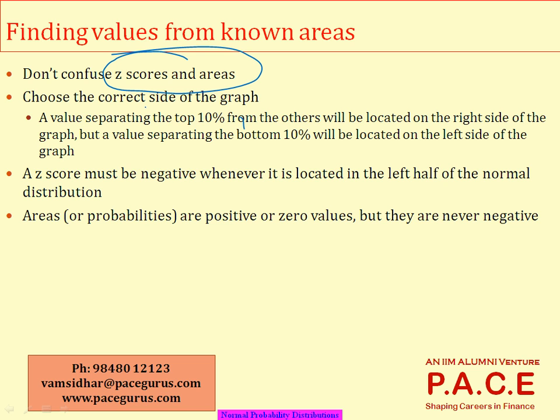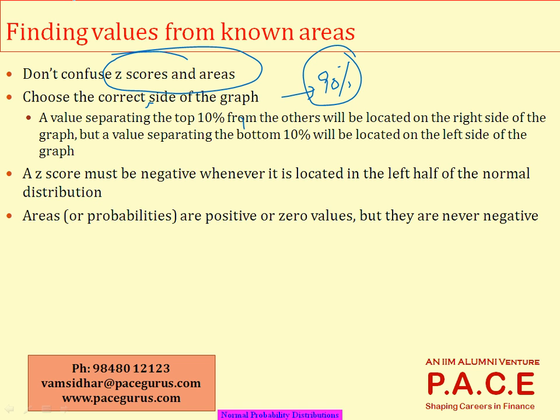So whenever we are deciding the critical values, we said a critical value will correspond to some particular area. So when I want 90% of the area, I have to be sure which 90% I require. Is it somewhere in the middle, which means eliminating 5% to the left and 5% to the right, or 90% from the left, which means 10% on the right should be separated, or 90% from the right, which means 10% on the left should be separated?